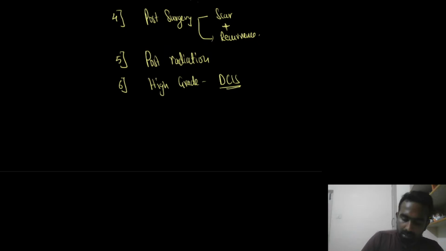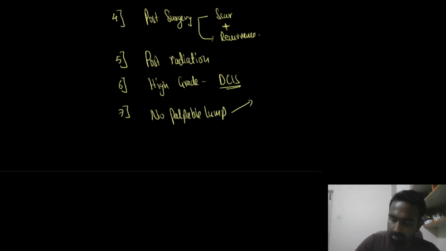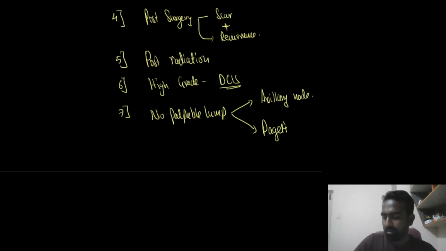The other important indications are two situations: no palpable lump but there is an axillary node, and no palpable lump with Paget's disease. In these two conditions, we use MRI of the breast. Okay.